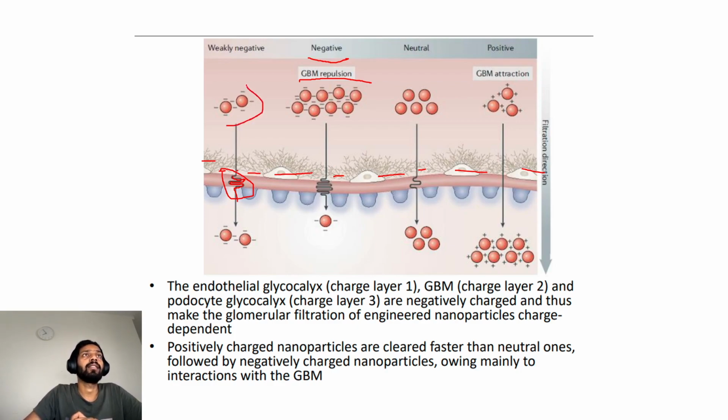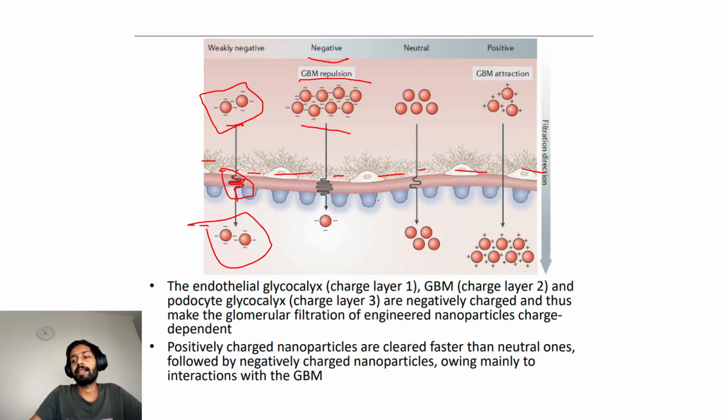If you see here, two of them are getting eliminated, even though they're taking some time. So weakly negative particles, most of them get eliminated, even though they take a long time. But very negative particles, even though there are a lot more of them in circulation, take a lot more time to get eliminated, and very few of them get eliminated.